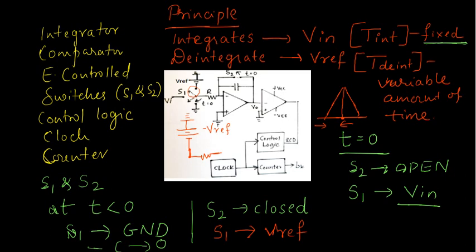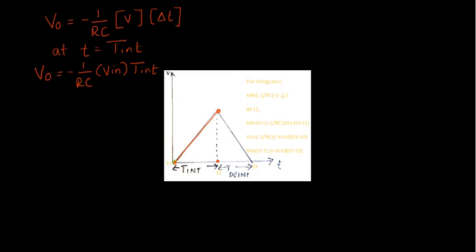Once your S1 is thrown to the V reference point, what exactly happens is your de-integration process will begin, because it is a minus V reference. So from this particular point, the de-integration of the voltage takes place with voltage V equals minus V reference. Therefore you will have a negative slope like this, till T3.